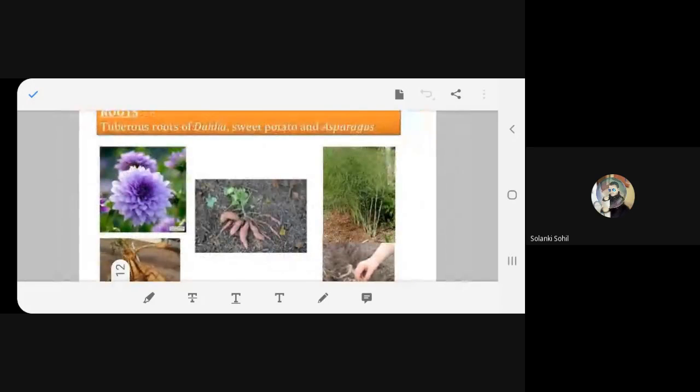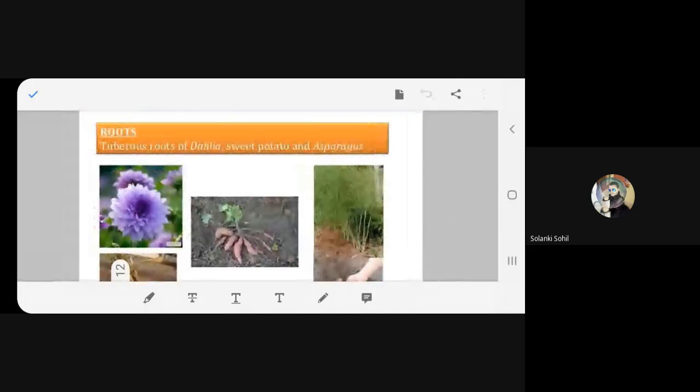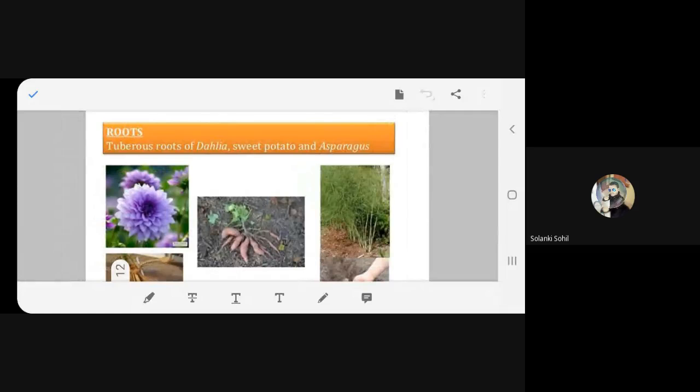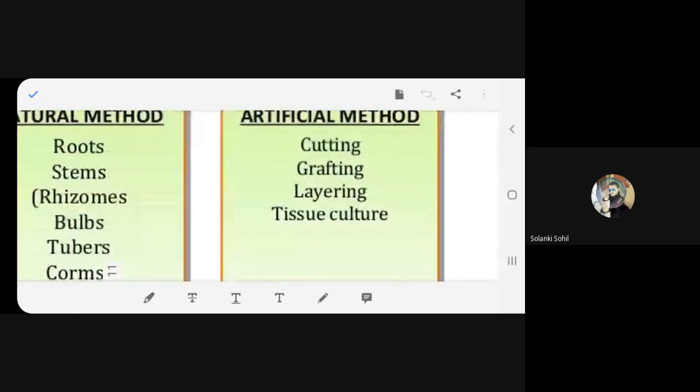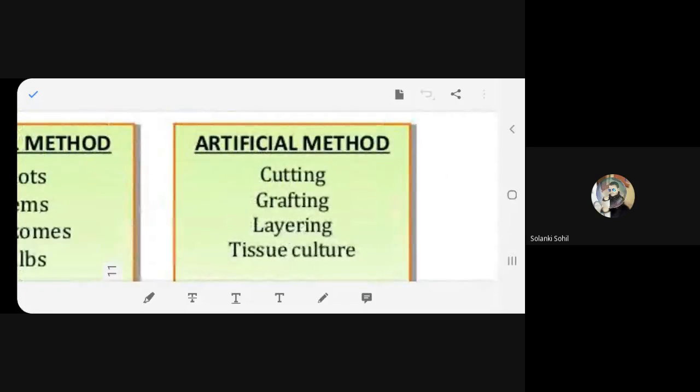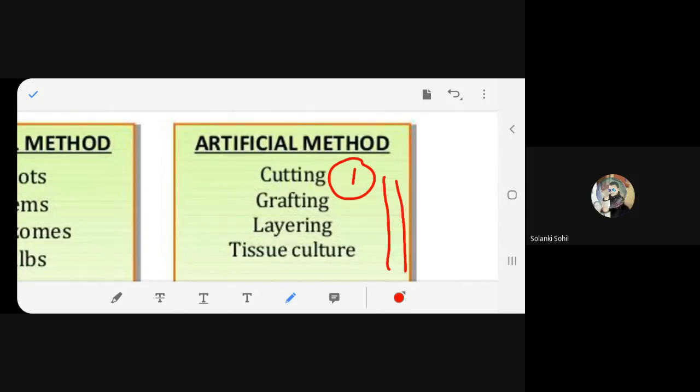I will teach you everything. See, grafting is what? Easy for you to understand. Now, I take one plant, for example, and I do the cutting. I take another plant and do this type of cutting. I take this and put it over here and make another plant.